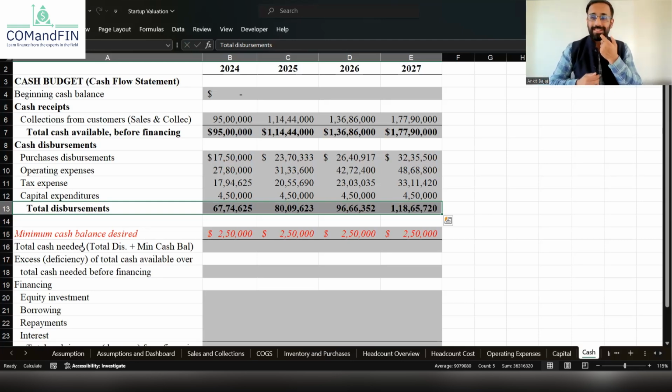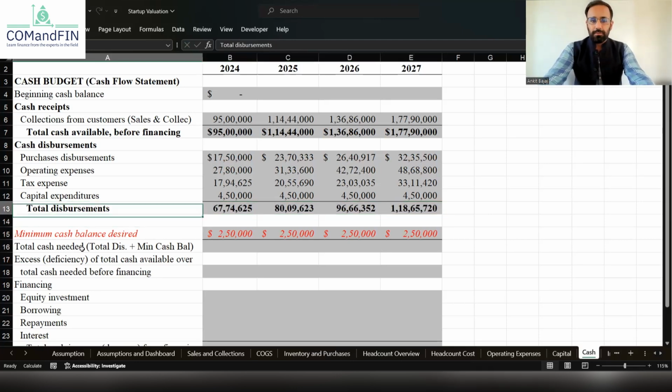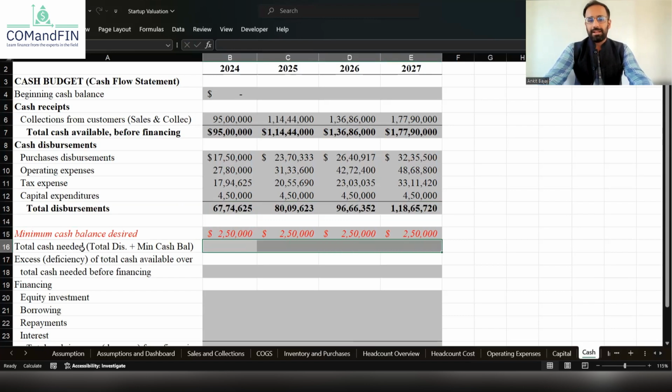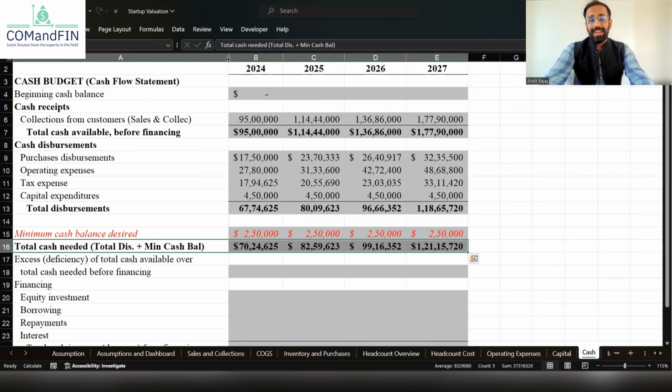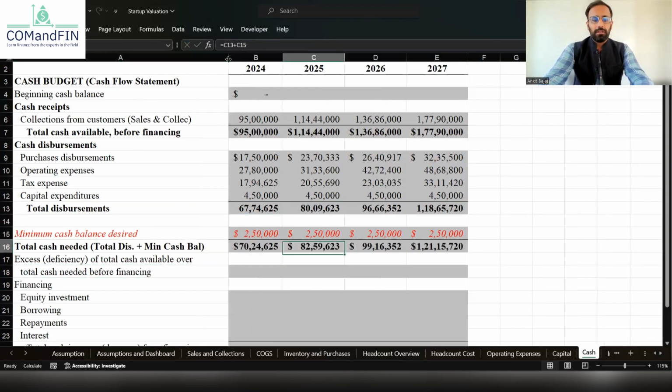You found that this much expenditure you will do during the year, and the minimum cash balance you require is 250,000. So is it possible to calculate the total cash needed? Obviously, it is the total of disbursement and minimum cash balance required. I will press control enter, and here we found the value of total desired cash, the total cash needed, which is required during the year.